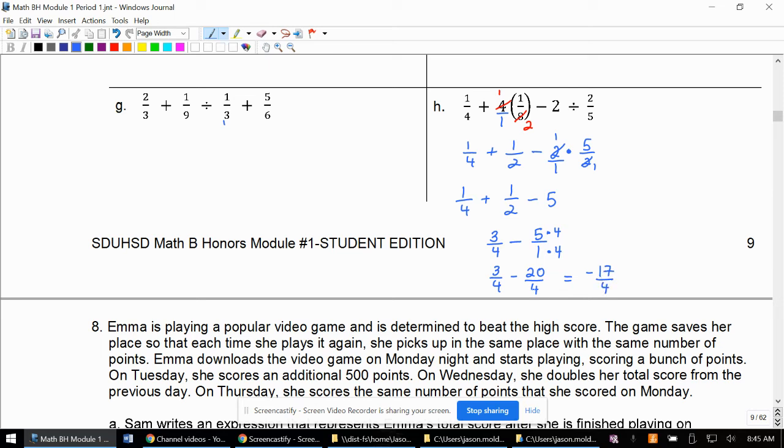Negative 20 over 4 has a greater absolute value, or is more dominant. And the one's positive, one's negative. So we know we're going to find the difference, and we're going to put the sign of the one that's more dominant. Again, you might have had a different way of talking about this in 7th grade, but some way, hopefully you're getting a refresher of integer rules.